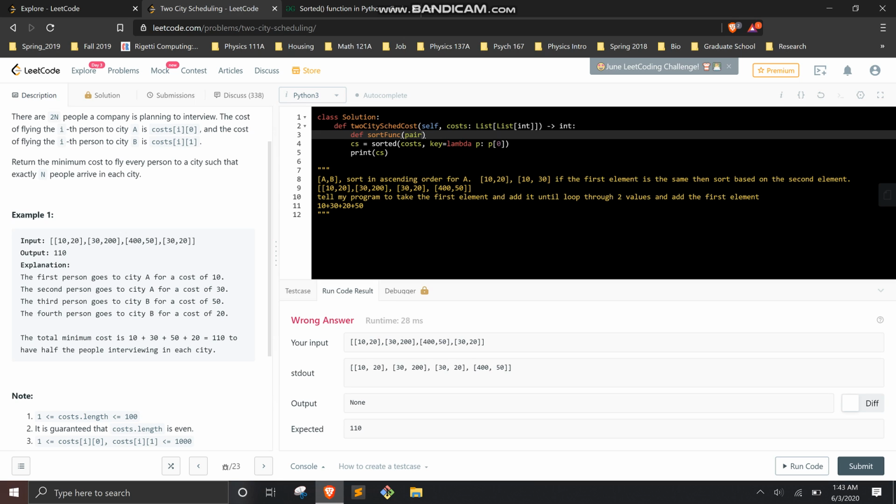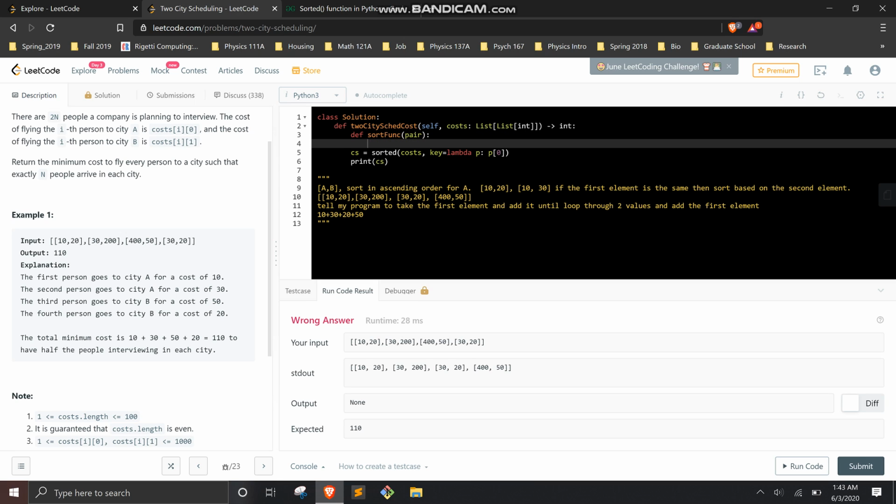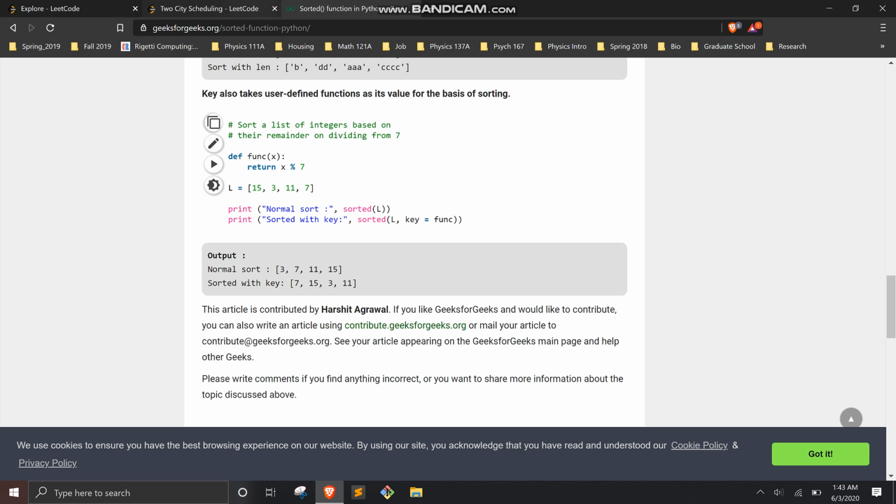I don't know what to call it. I'll say pair, and for the sort function, what I'll do is if p, using the remainder.